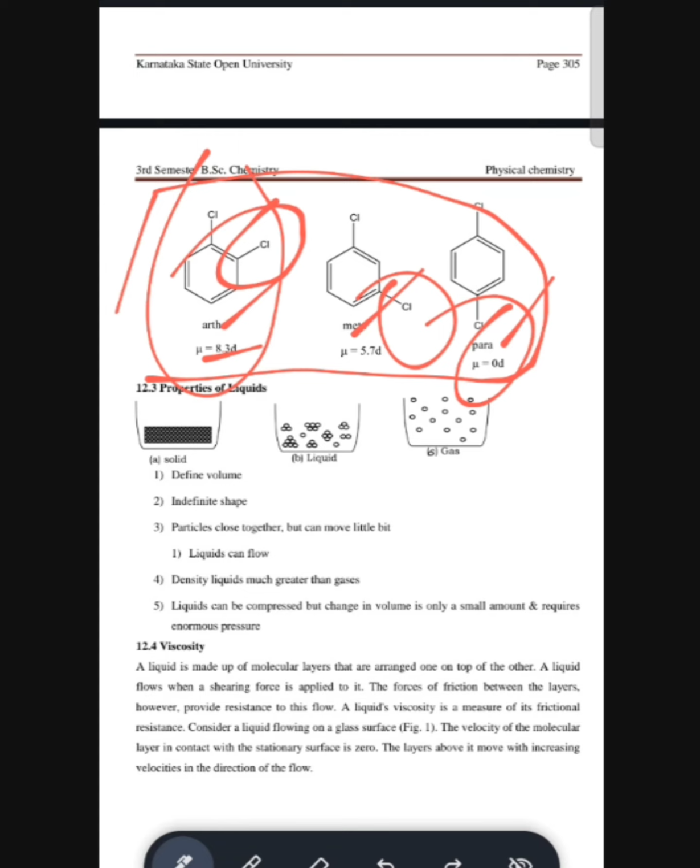So what are the properties of liquid? It will have a defined volume. Volume will be constant and the shape is undefined. Shape can vary depending on the container in which we store it. Volume can be measured.